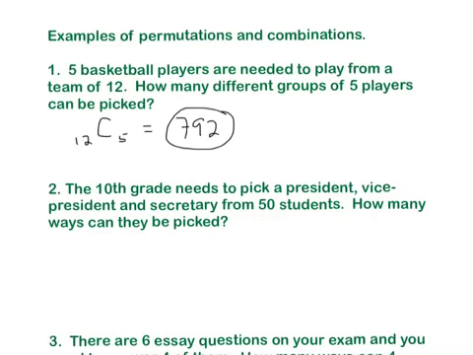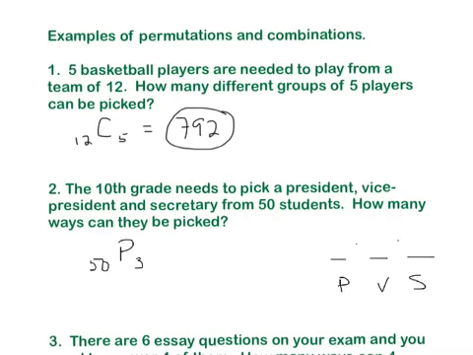So in this case, order does make a difference because I have positions that I'm putting those 3 people into. So I'm going to use permutation on this one. I have the permutation of 50 things taken 3 at a time. The other way to look at this is you have your 3 spots, your president, your vice president, and your secretary, and looking back at our counting principle, how many different students can I put for president, how many for vice president, and how many for secretary.